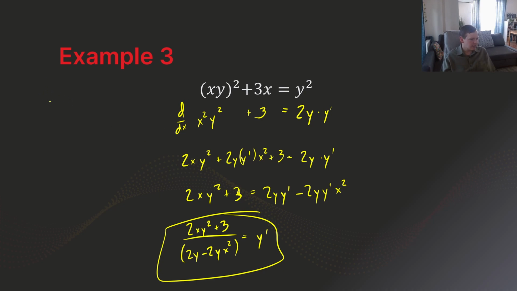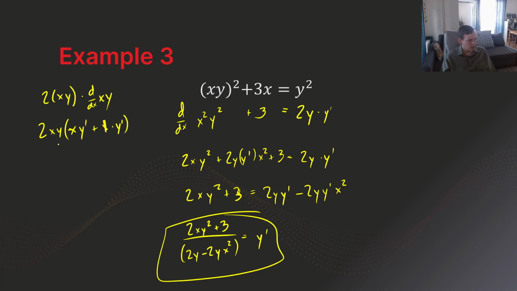So as an addendum here, we're going to do 2 times xy times the derivative of that inner function xy. So 2 times xy is going to be multiplied by x times y prime plus x prime, which is 1, times y.